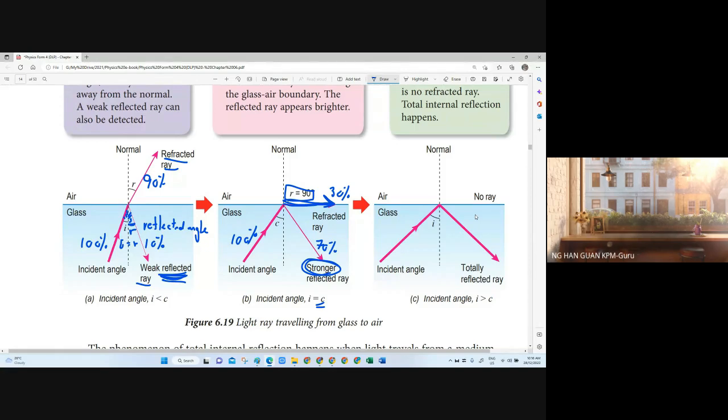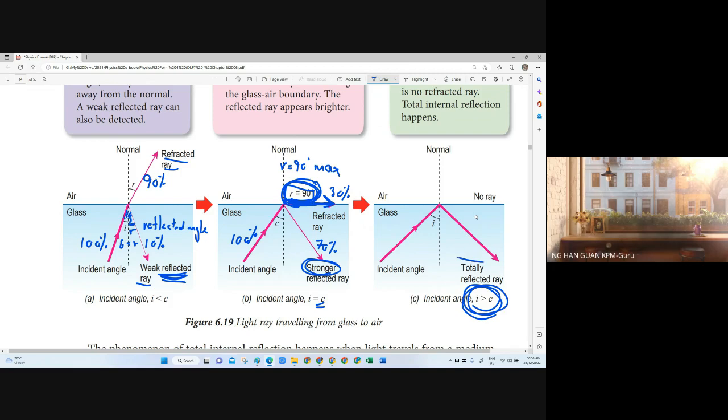Okay. So once the angle of incidence is more than the critical angle, it means that R cannot increase any further. The refracted angle of 90 degrees is the maximum here. So when I is more than C, all of it is coming back.